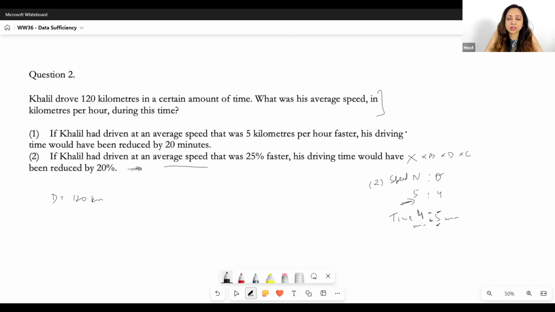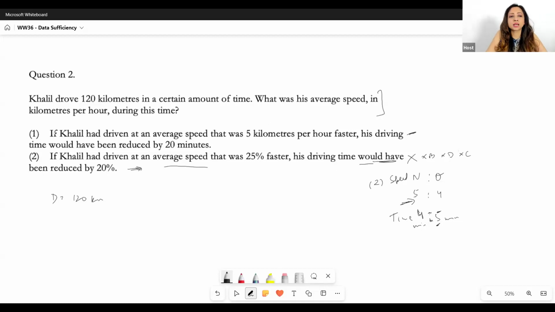Because there is no way I'll require both these statements together, because this statement tells me absolutely nothing, right? So if this statement gives me the answer, then the answer is going to be just A. Or if this doesn't give me, then the answer is going to be E. So I have eliminated 3 options out of the 5 options by seeing that this statement gives me absolutely nothing.